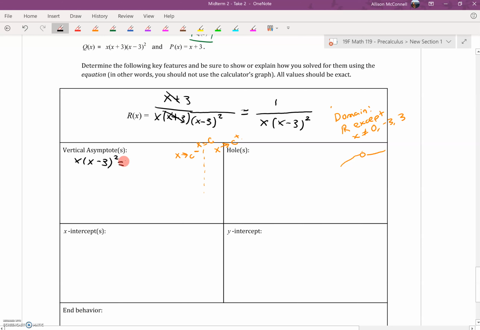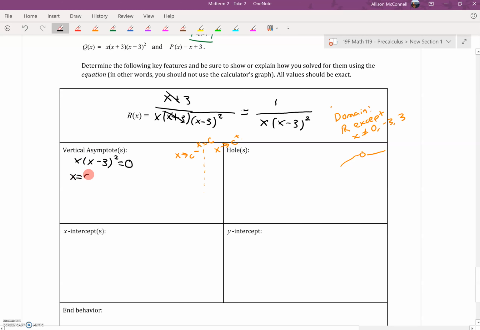So if we set these equal to 0, now this is the thing called the zero product property. If x is equal to 0, the whole thing is equal to 0. If there's an x value that makes a factor 0, then the whole thing is equal to 0. So we're trying to identify which x values that are part of this product are going to give us 0.